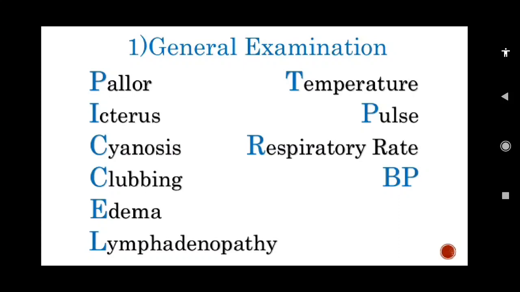General examination includes pallor, icterus, cyanosis, clubbing, edema, koilonychia, and generalized lymphadenopathy. And then vital data, by recording the temperature, pulse, respiratory rate and blood pressure. So all these things we have to note for any clinical examination.